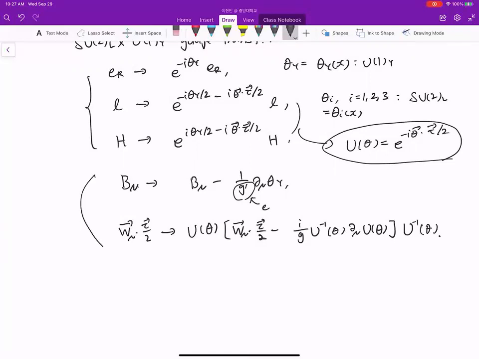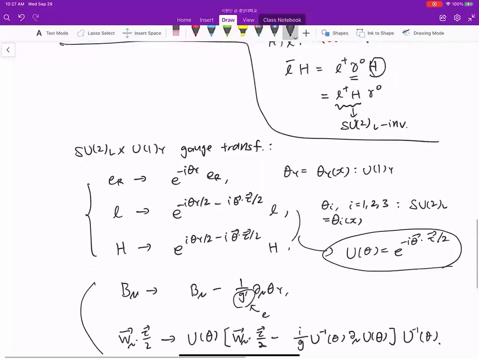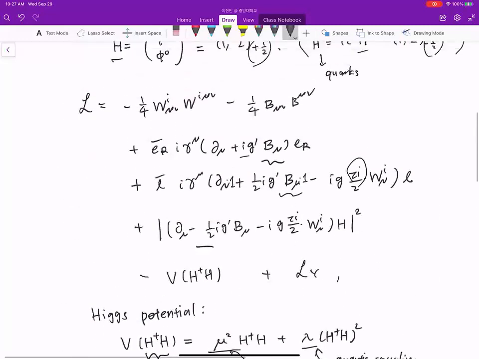Then you can show that the previously written Lagrangian is gauge invariant. So this is the standard model Lagrangian, as you know, right?